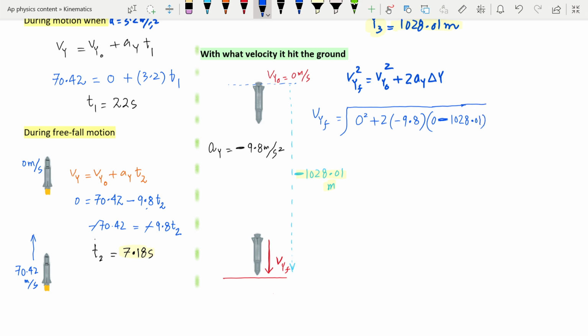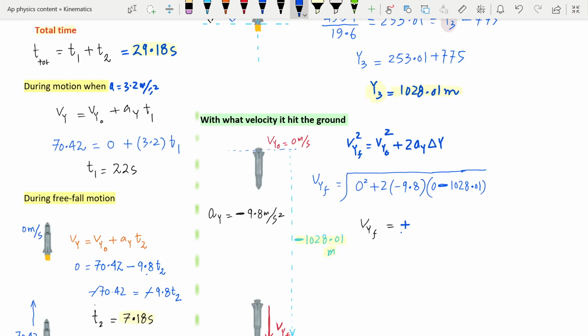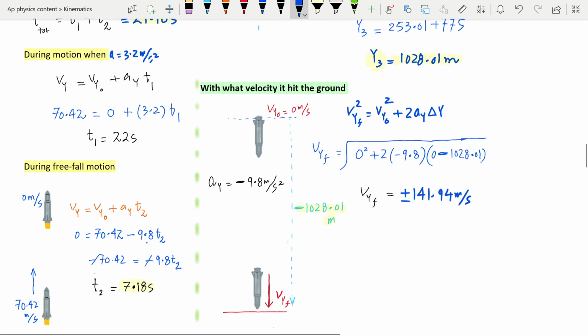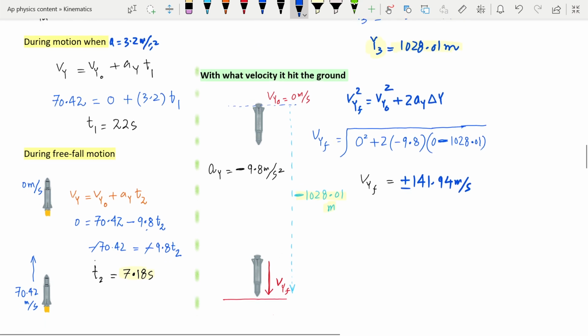From this you can find the final vertical velocity. So our answer is plus or minus 141.94 meter per second. It cannot be a positive answer because it is moving vertically downward. That's why we must take only the negative answer as acceptable.